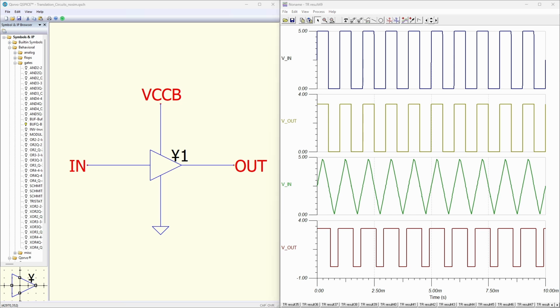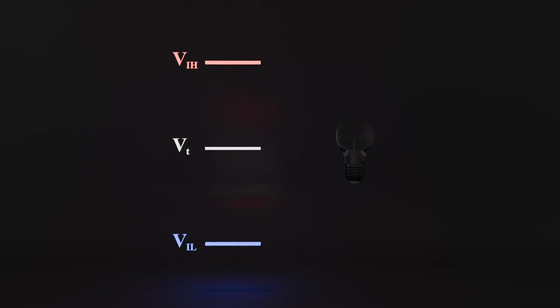You can also use a device like this for up translation. The input signal to a logic device isn't always perfectly at ground for a low and supply for a high. In a typical CMOS logic input, you have a VIH and VIL provided by the datasheet, and somewhere between them is the threshold voltage where it actually changes states. As long as your input is lower than the VIL voltage, then the device will detect this as a low input.